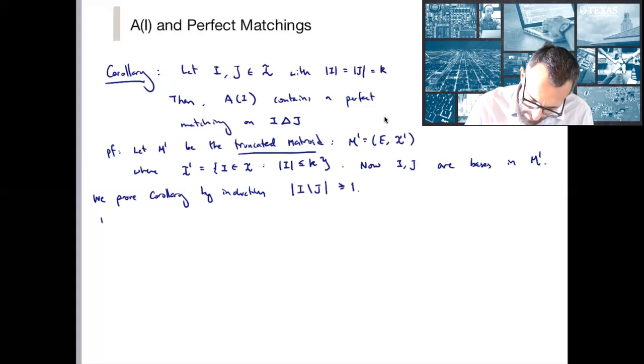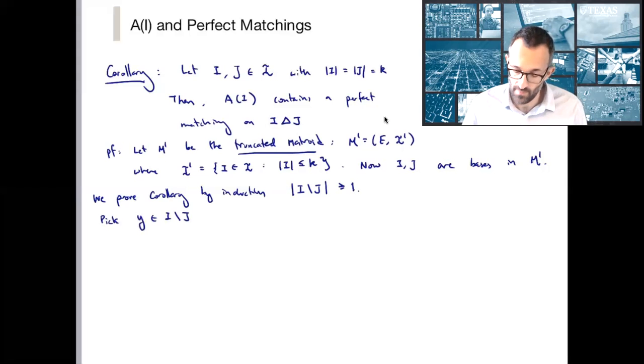So let's pick some element y that is in I but not in J. And now we can apply for this element the previous theorem.